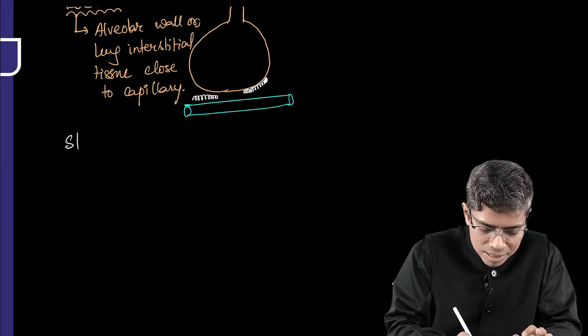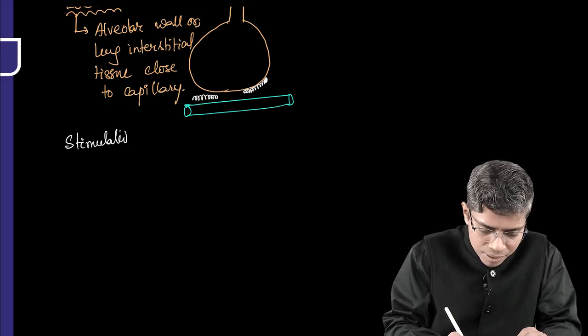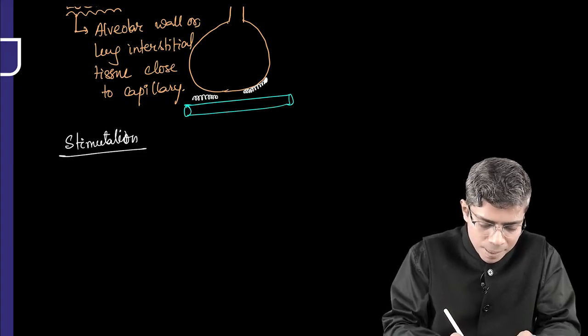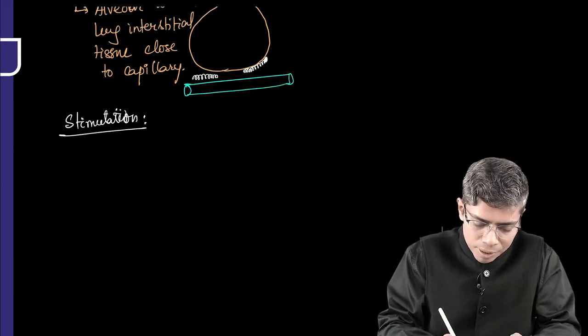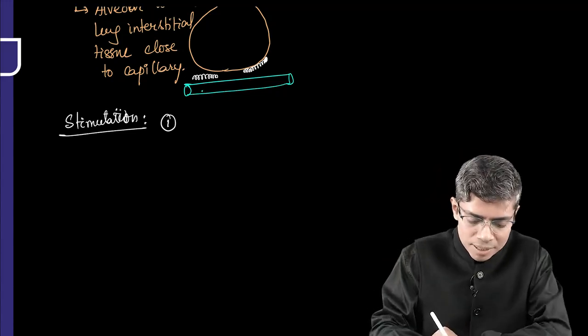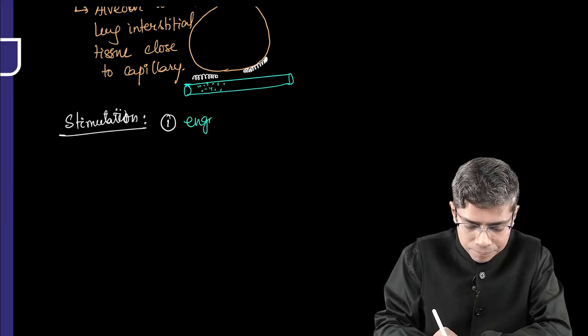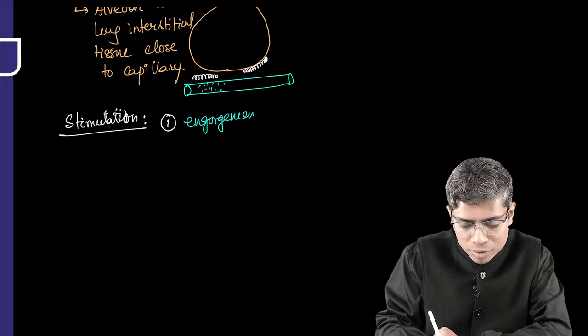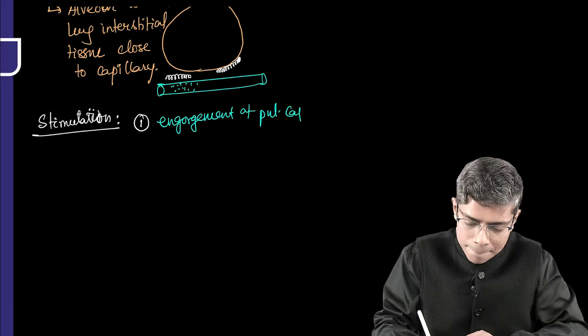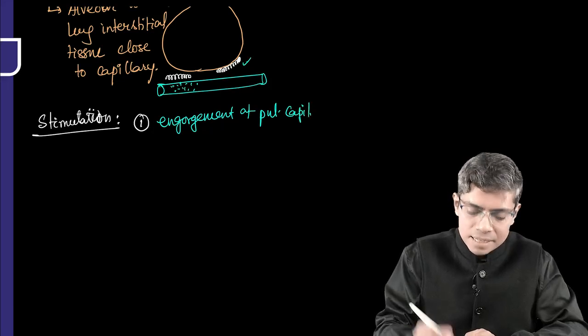So when this J receptor is stimulated, number 1, if there is engorgement of these pulmonary capillaries, suppose there is high pressure engorgement of pulmonary capillary, then this J receptor can be activated.